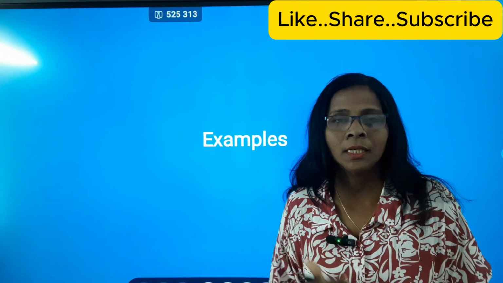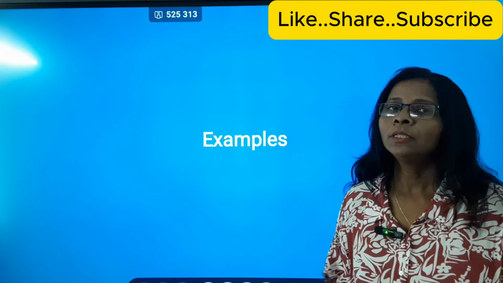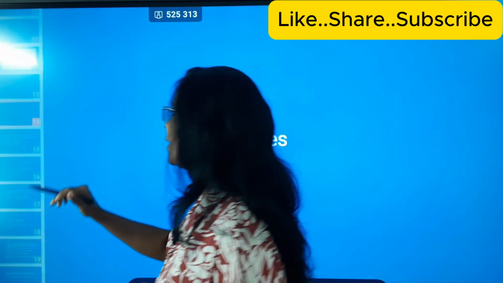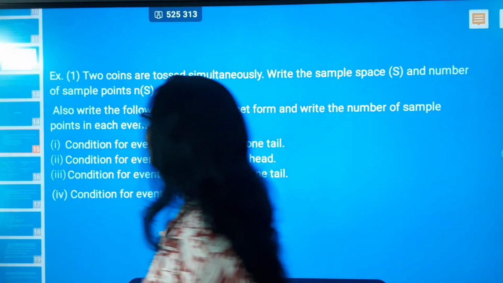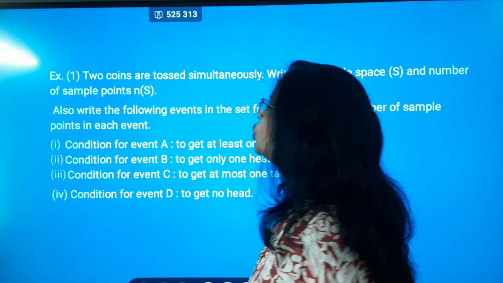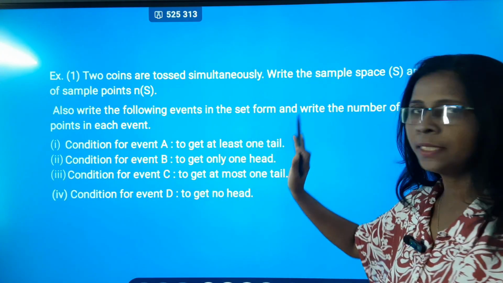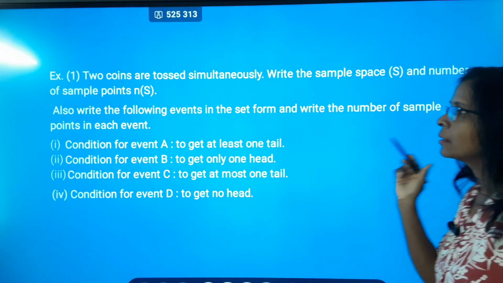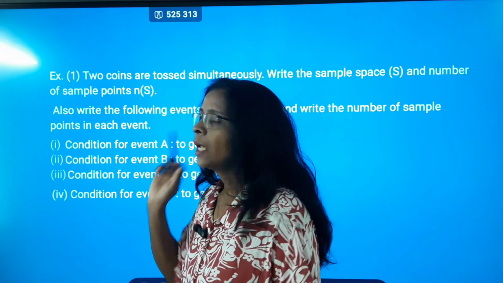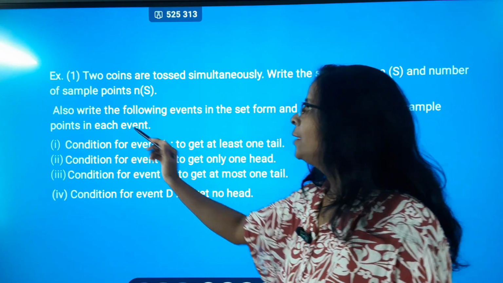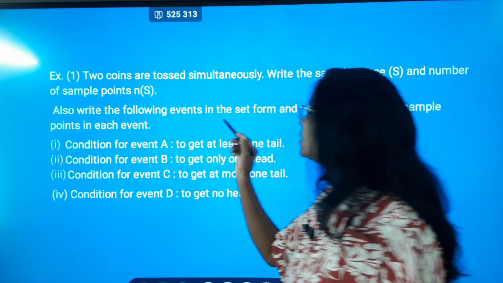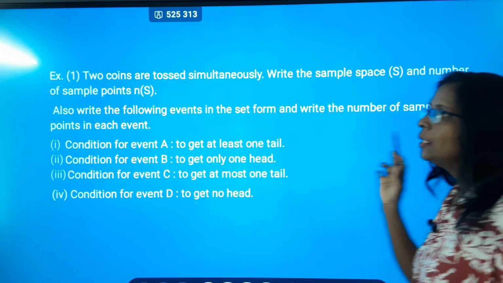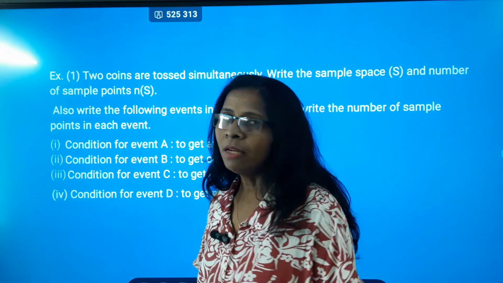Now let us see an example based on the event and the sample space. The first example: two coins are tossed simultaneously. Write the sample space S and the number of sample points n of S, and also write the following events in set form and the number of sample points in each event.